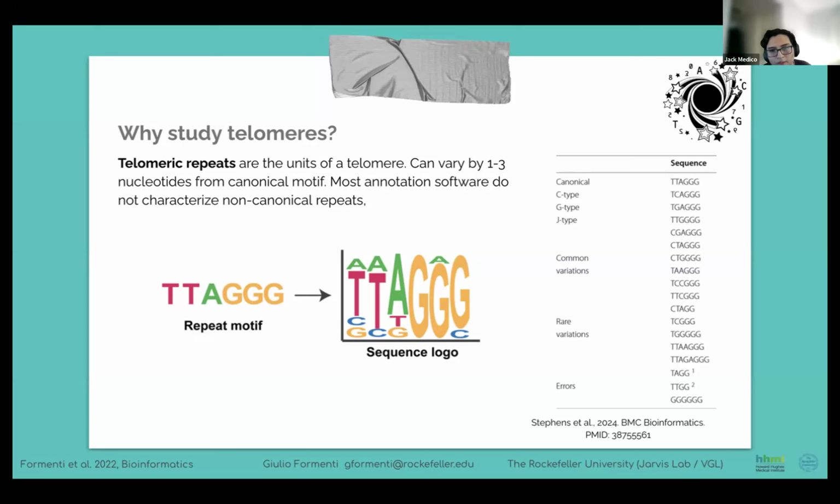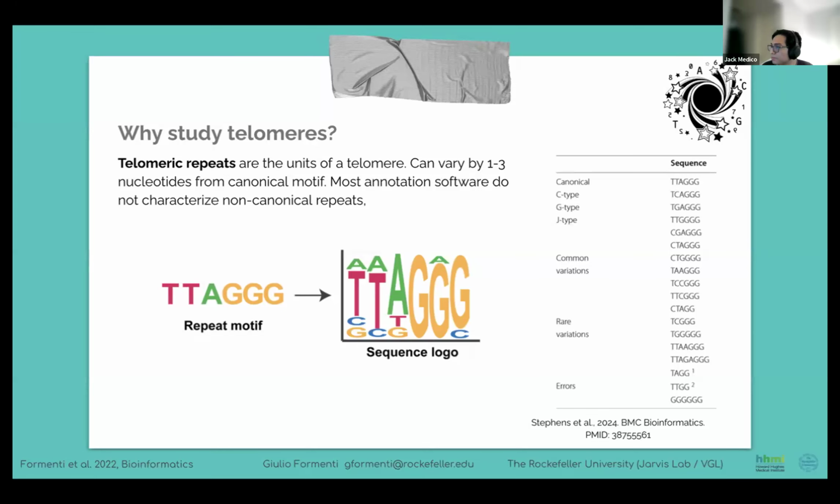We have TCAGGG, TGAGGG, and TTGGGG, which is just a fraction of the pool of potential telomeric repeats. And there are some articles that have been exploring the diversity of telomeres, and they found that essentially most of them are just neglected. No one really studies them.